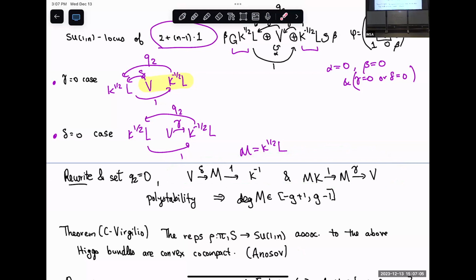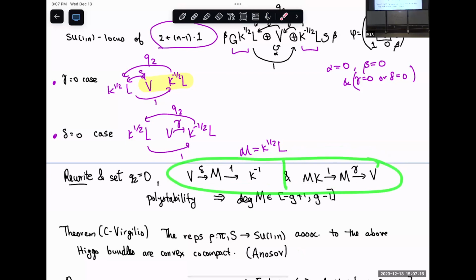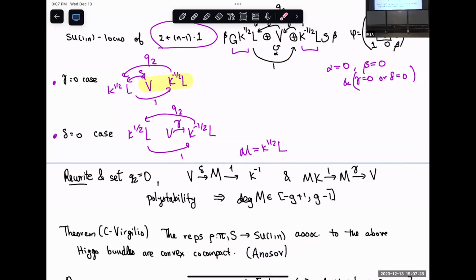So all points in the SU(1,n) locus of this special Slodowy slice are given by these special variations of Hodge structure, and they all have this extra interesting geometric property, namely they act on the symmetric space, complex hyperbolic space, in this convex cocompact way.